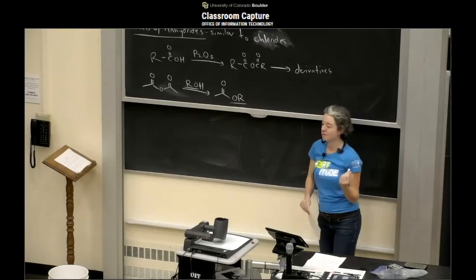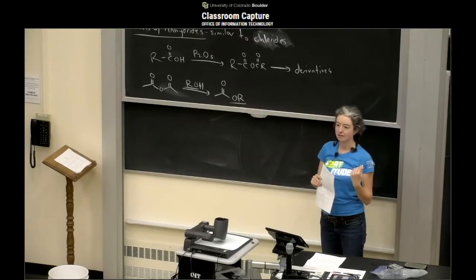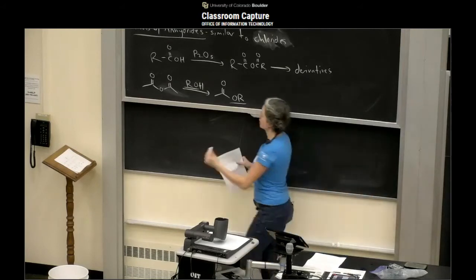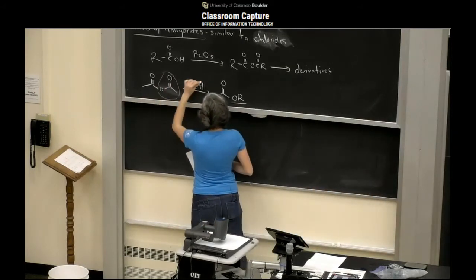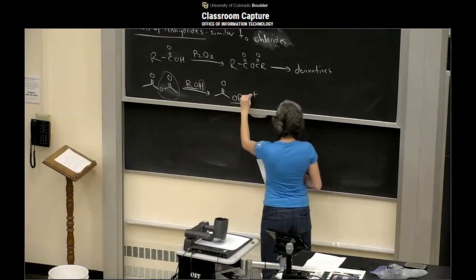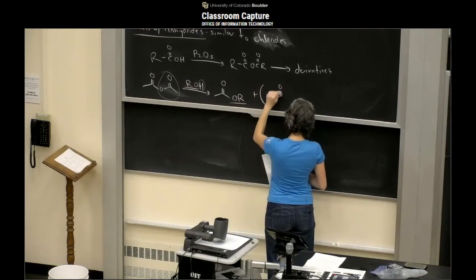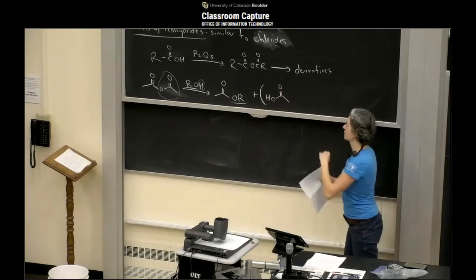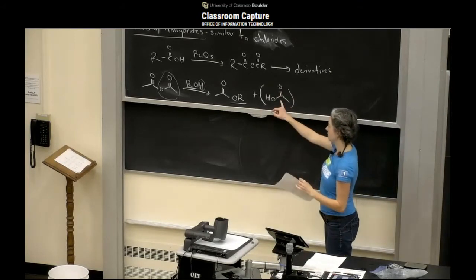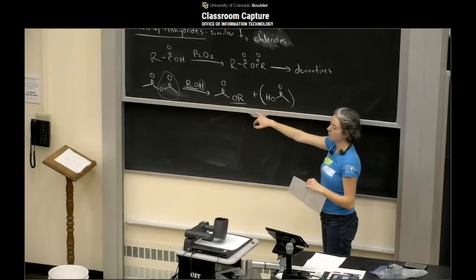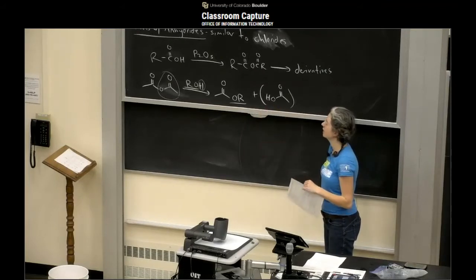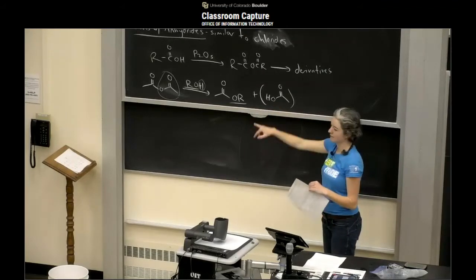What byproduct am I making out of this? Based on the leaving groups that I'm dropping, I'm also making a carboxylic acid byproduct. And we know that this could do Fischer esterification with the ROH as well and make a second equivalent. It's just not going to be as fast as the anhydride.